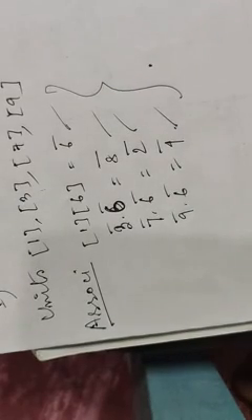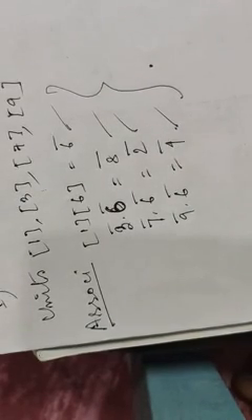So class 2, class 4, class 6, class 8. These are all the possible associates of class 6 in Z10.